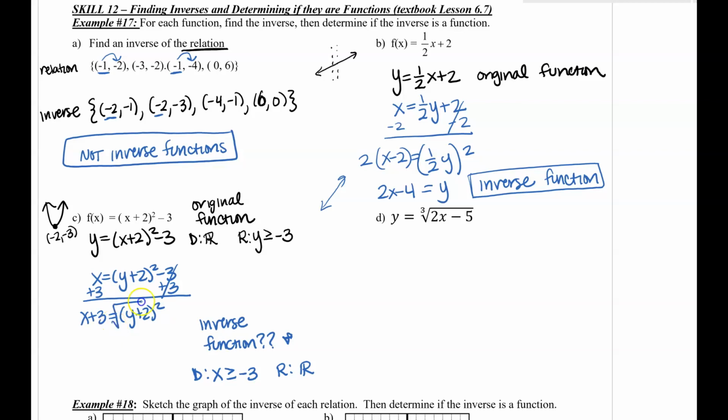Now I have to square root here to solve this, and I'm going to have to use plus or minus. And so I'm going to end up with the equation that says -2 plus or minus the square root of x plus 3. Now, you might not be familiar with what that looks like, but if you think a little more closely, you do know. This is a square root function, okay?